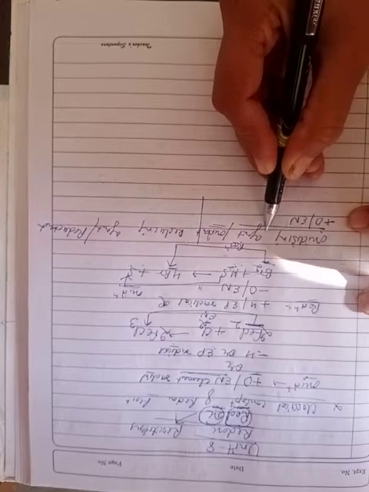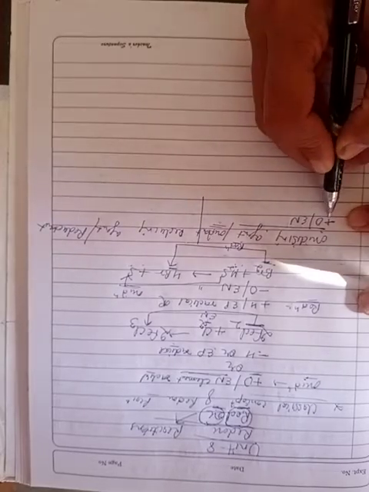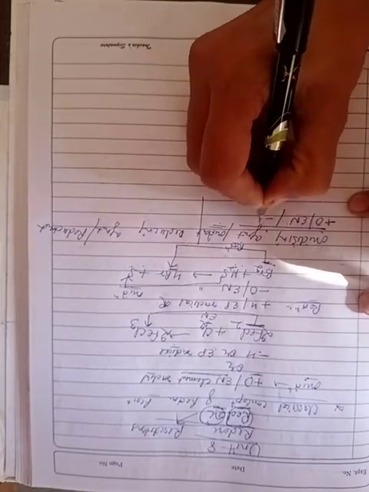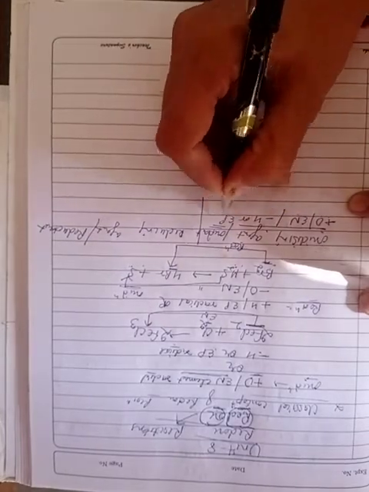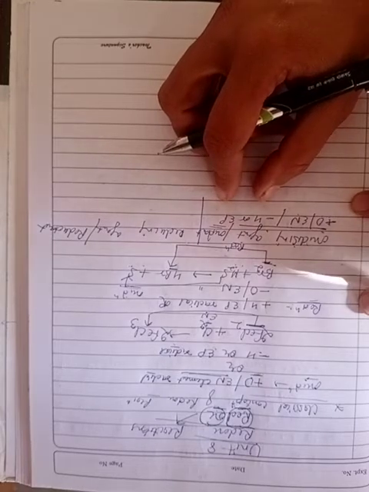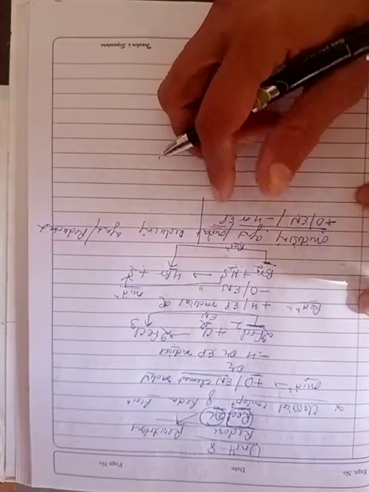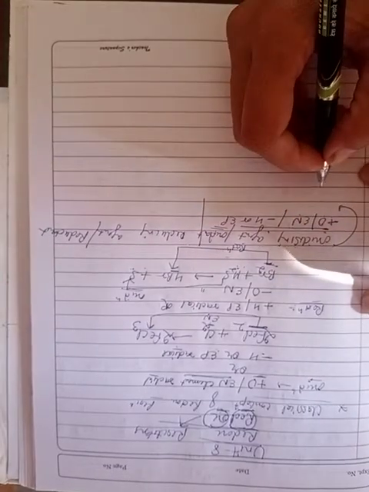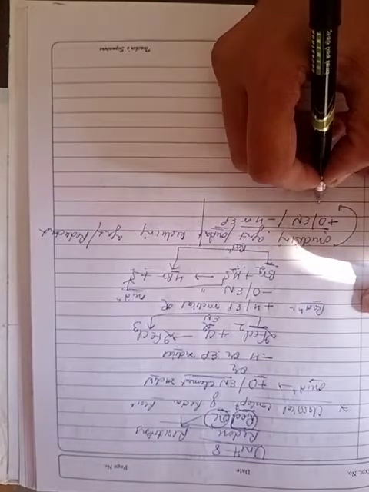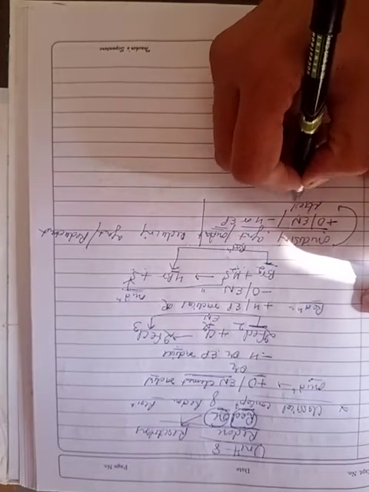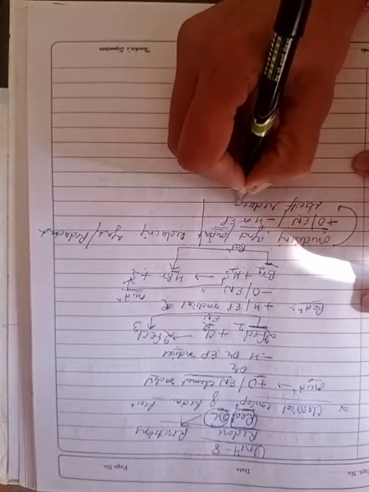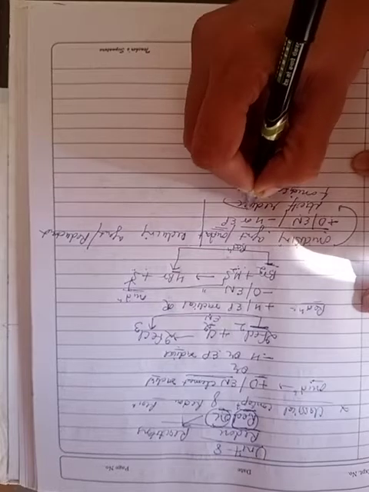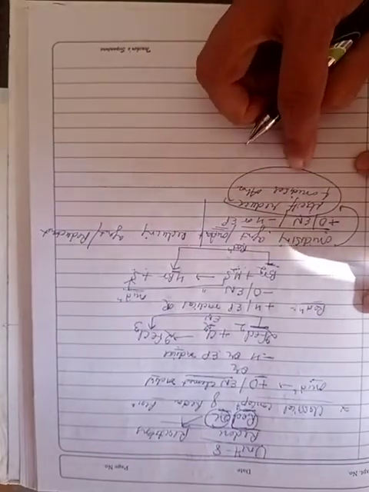So an oxidizing agent or oxidant is that substance which supplies oxygen or electronegative element and removes hydrogen or electropositive element. Or we can also define it as: an oxidizing agent is one which, after oxidation of the other, itself gets reduced, which reduces itself and oxidizes the other. Such types of agents are called oxidizing agents.